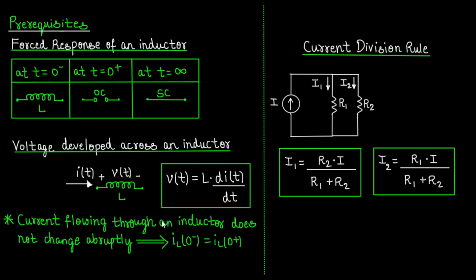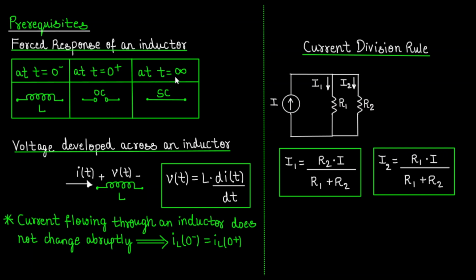So to maintain this condition, the inductor has to maintain the same 0 ampere current at time t is equal to 0 plus also. So the only way possible is to maintain an open circuit, that is, the inductor behaves as an open circuit at t is equal to 0 plus to maintain the same 0 ampere current at both t is equal to 0 minus and t is equal to 0 plus.